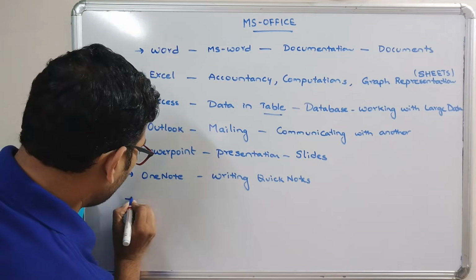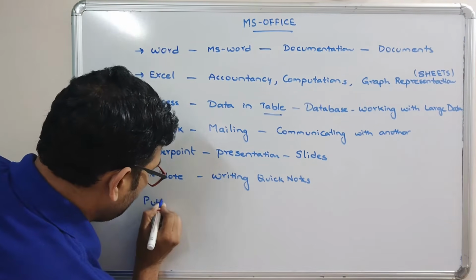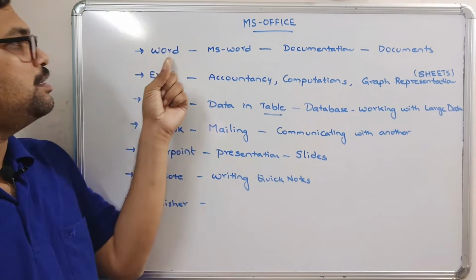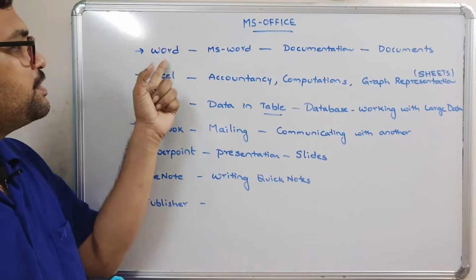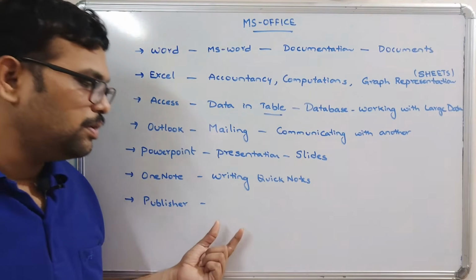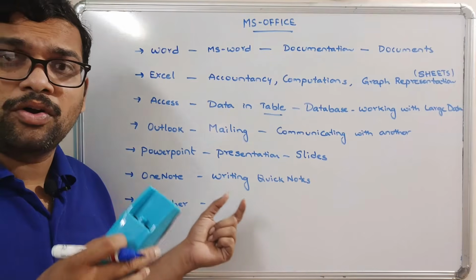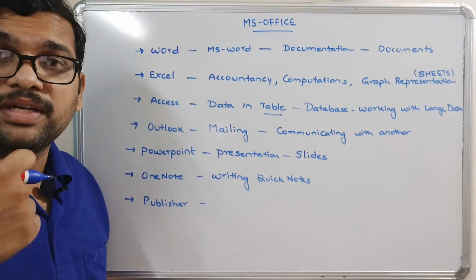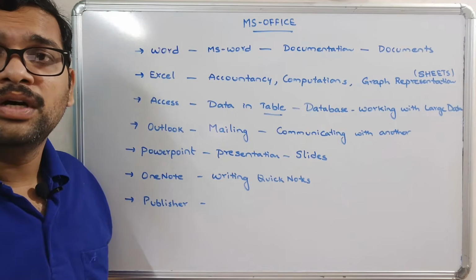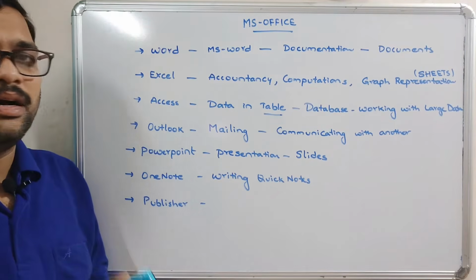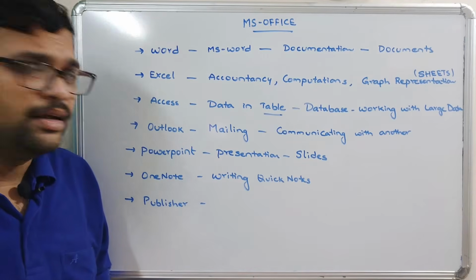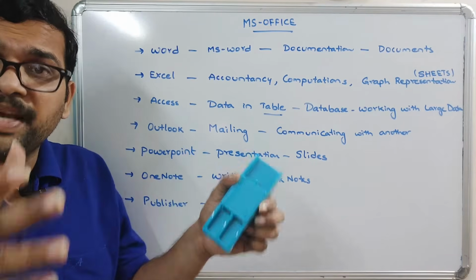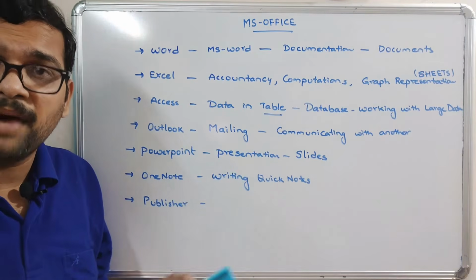And the next one is Publisher. This Publisher is similar to MS Word, but the main focus will not be on the text, it will be on page layouts. If you want to design a poster, or any architectural design, you can go with Publisher. It has a lot of page layouts with default margins.